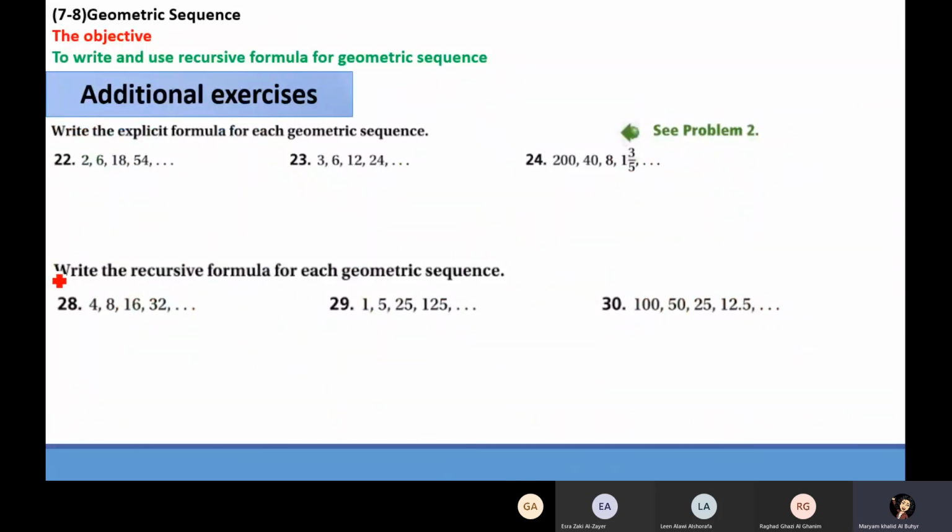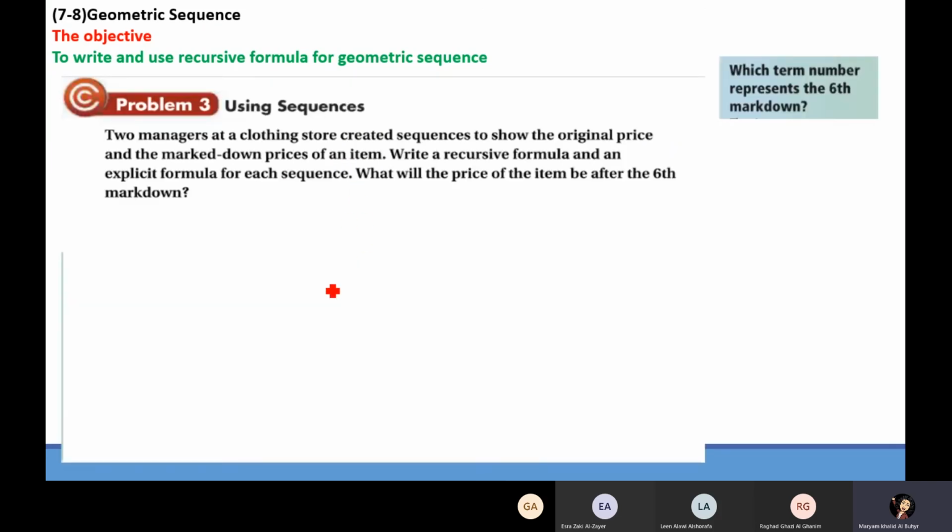We also have extra exercises. I can post the answers for you later. Here you will write the explicit and the recursive formula, exactly the same thing that I did before. It's just 2 exercises to practice. So here we have a word problem.